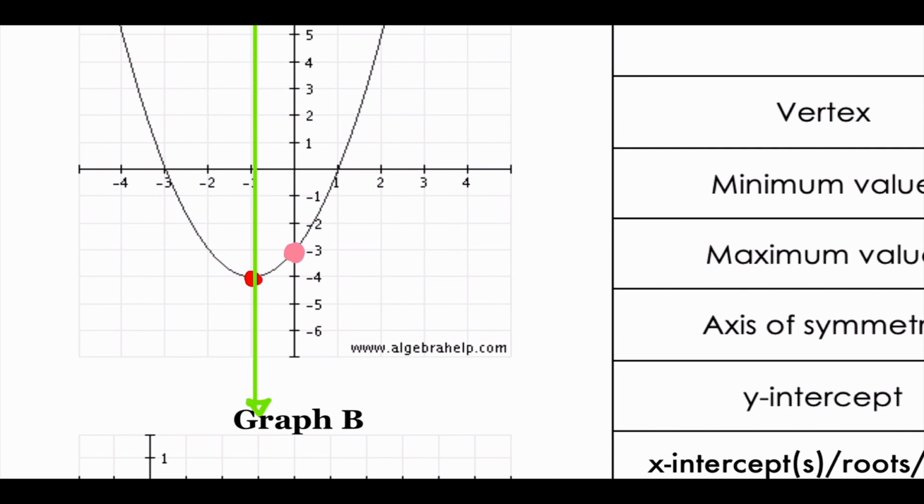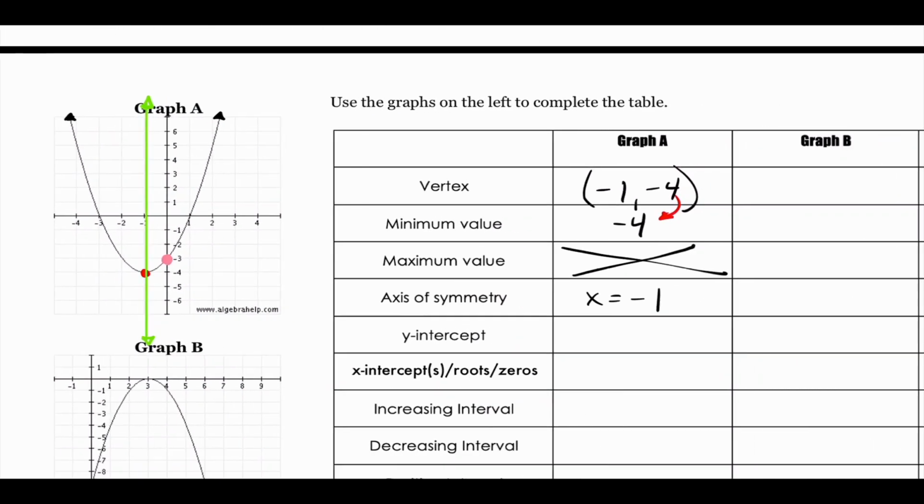So how do I get to this dot here? Well, let's start with one that we know. This dot right here was negative 1, negative 4, right? So what is the pink dot going to be? 0, negative 3. And you only put coordinates in parentheses? Yes. If it's a coordinate, put it in parentheses.